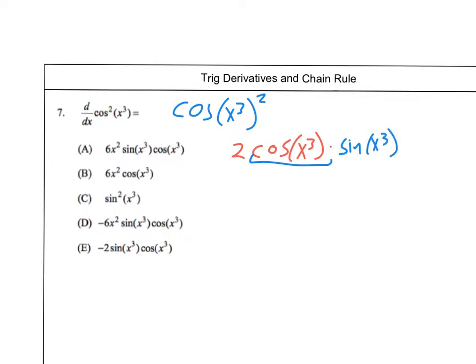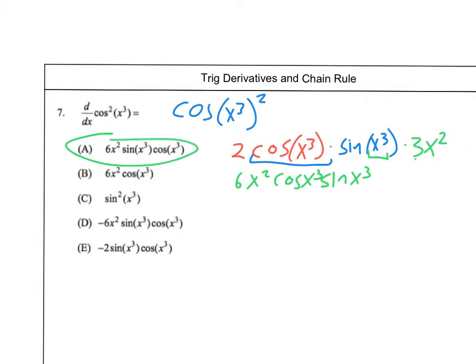And then I'm going to multiply that by the derivative of x cubed, which would be times 3x squared. So I've got 6 in total for 2 times 3. And they put x first, so I'll do x squared cosine x cubed sine x cubed, which happens to be choice A.